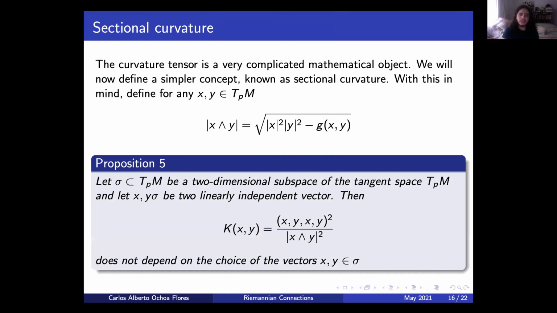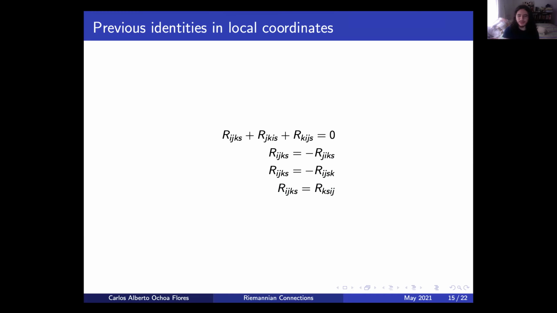Now, imagining trying to calculate all the components of the curvature tensor, one sees that it is a complicated problem. So we want to find a simpler notion of curvature.